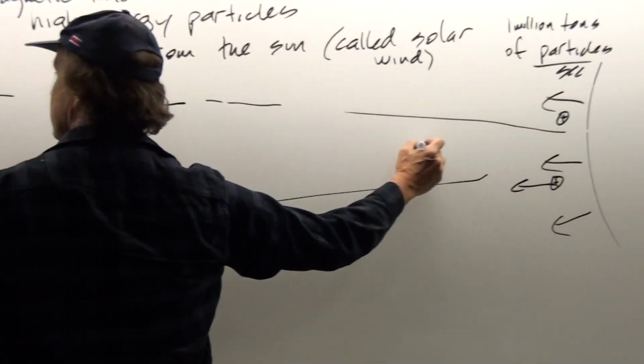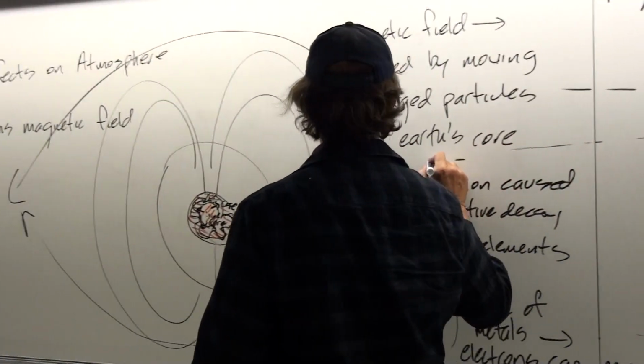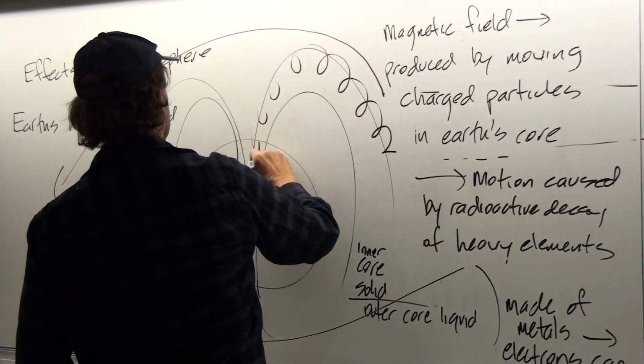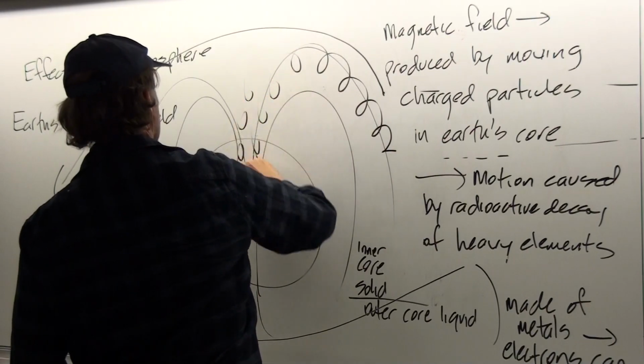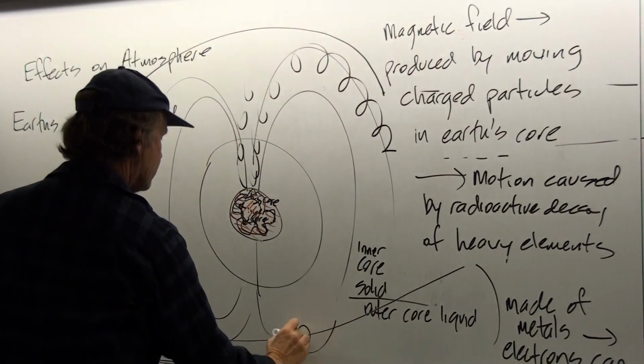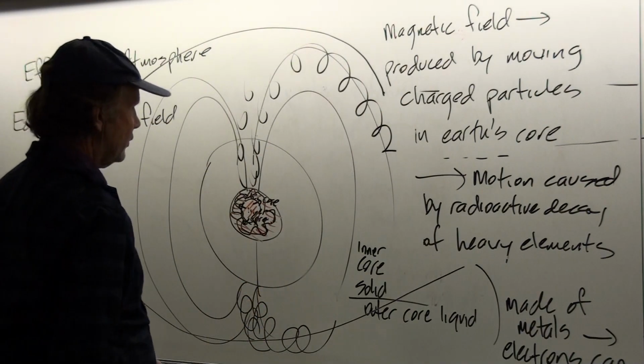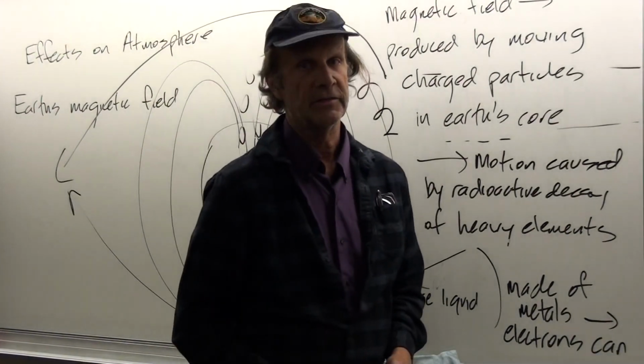The high energy particles that are coming in with a more direct line tend to spiral along the magnetic field lines and produce what are called the aurora effects. So the aurora, sometimes also called the northern and the southern lights.